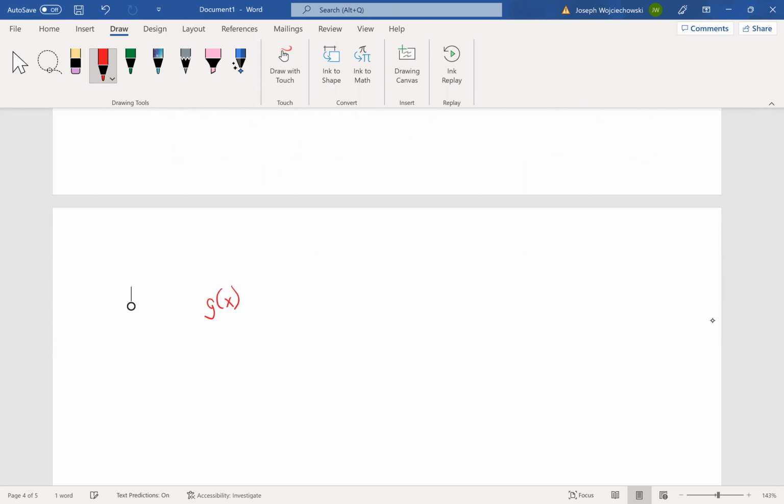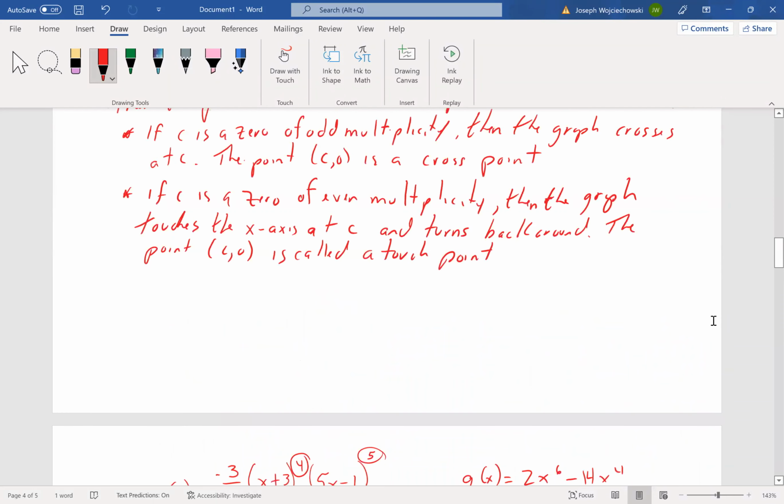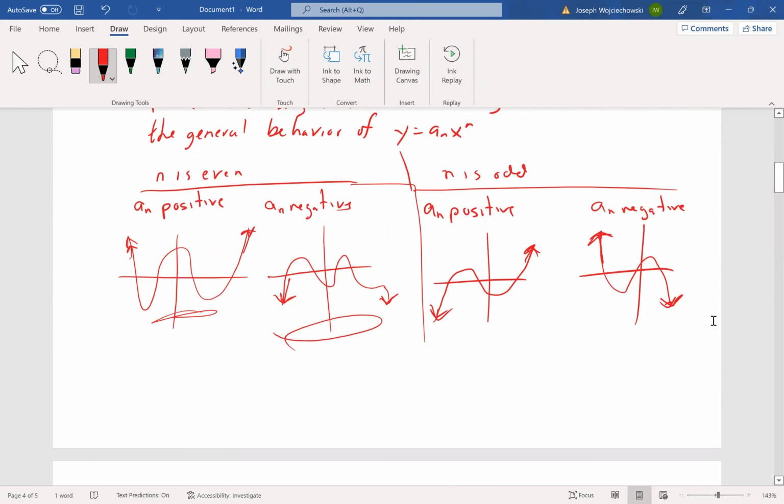So we have g of x equals negative x to the third plus 4x. So to graph a polynomial function defined by y equals f of x, use the leading term to determine the end behavior. Okay, negative. So I have odd degree and I have negative.